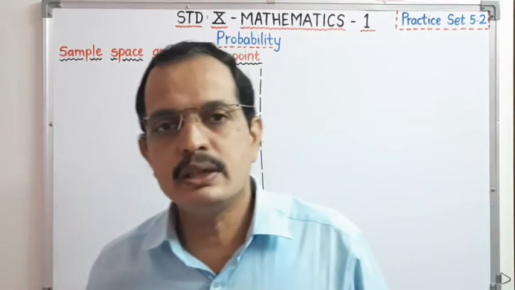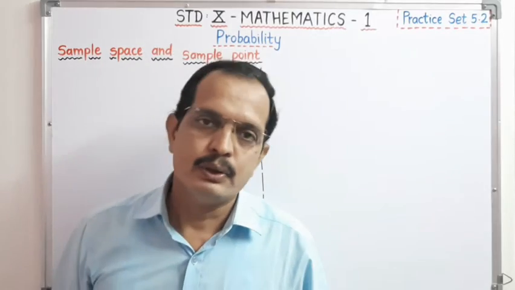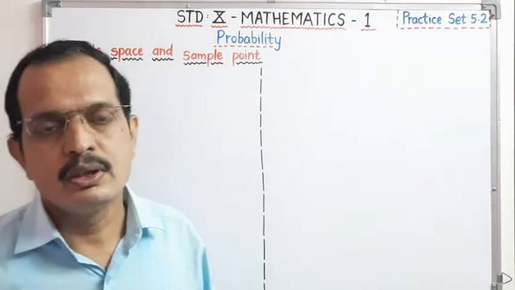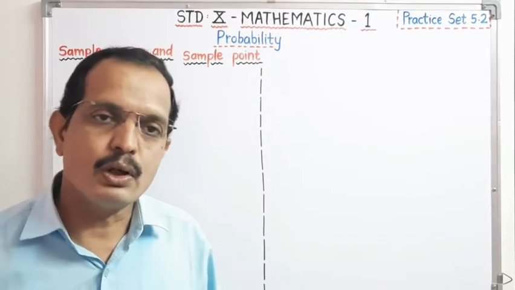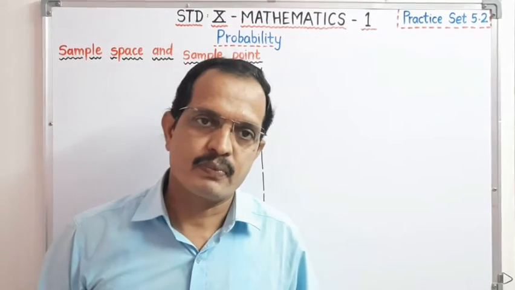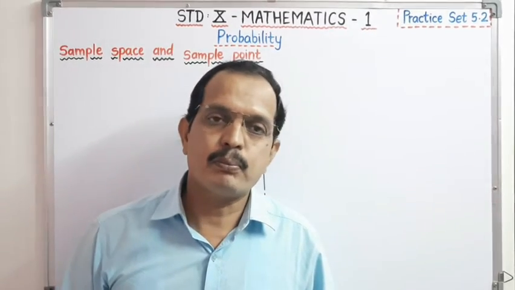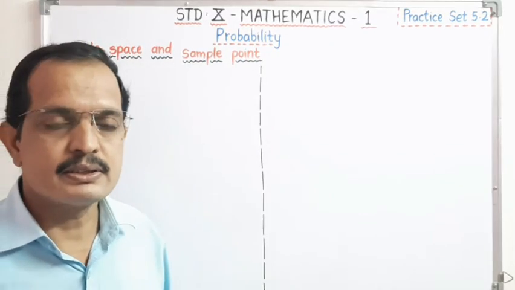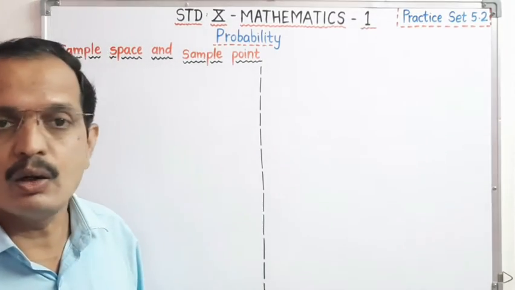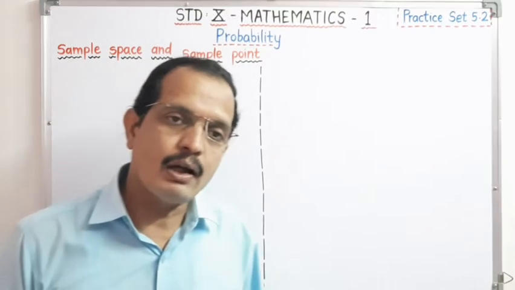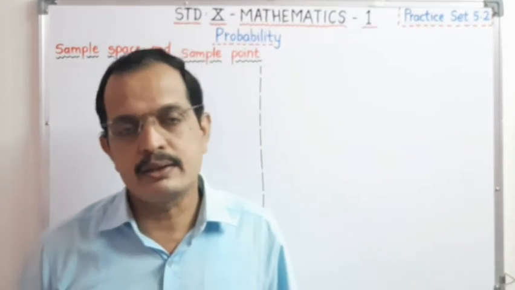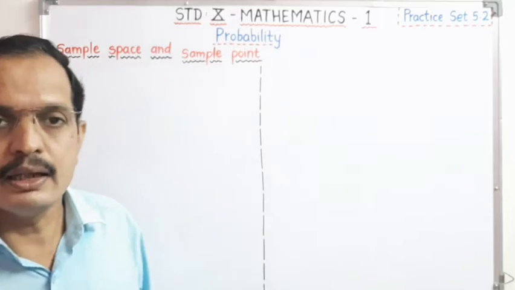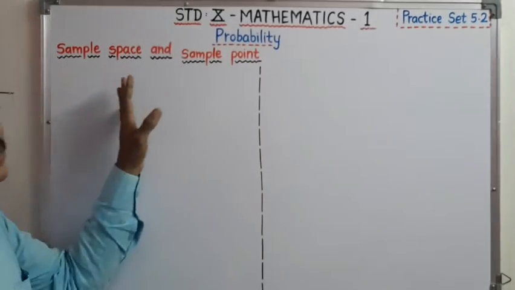Now dear student, in practice set 5.1 we see the second question. That means we have to choose one day from a week, and for that experiment we write what the possibilities are. That means we write the outcomes. All those outcomes we have to write in a curly bracket, then it is called a sample space.